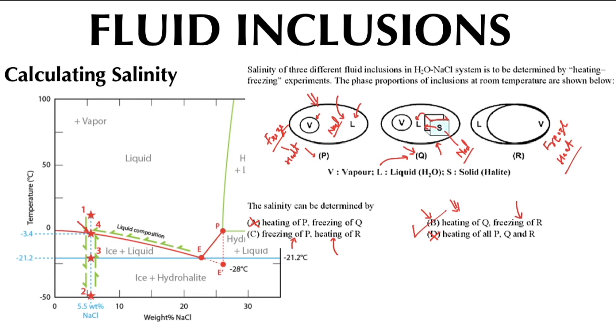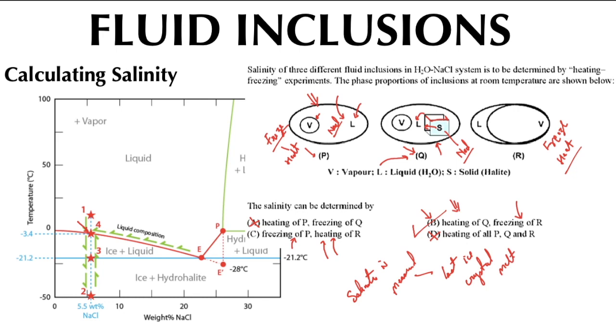Freezing of P is also correct, but this option is wrong because it says heating of R. Okay. The underlying thing here is that salinity is measured at the point when the last ice crystal melts. Right? And by looking at P and R, you cannot tell when the last ice crystal melts.